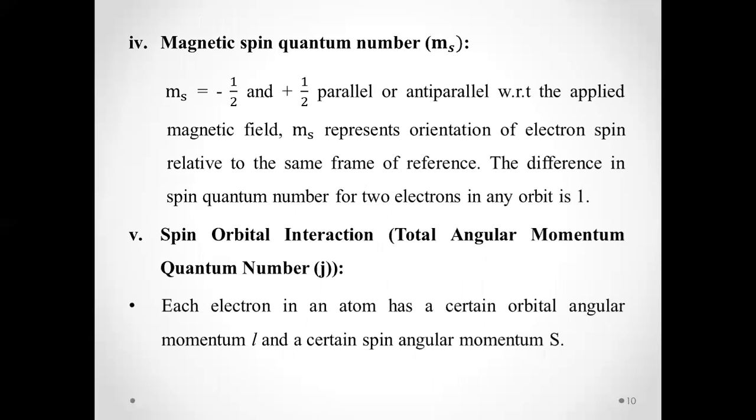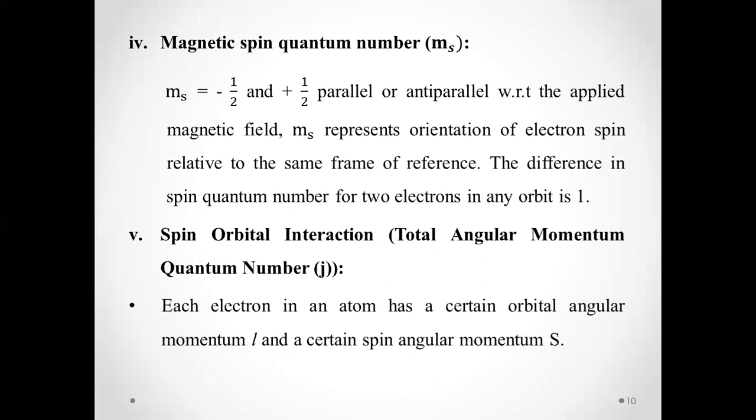Next is the fourth quantum number, that is the magnetic spin quantum number, ms. Here ms can take two values, that is minus half and plus half.